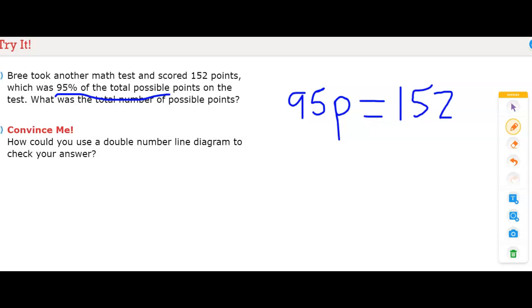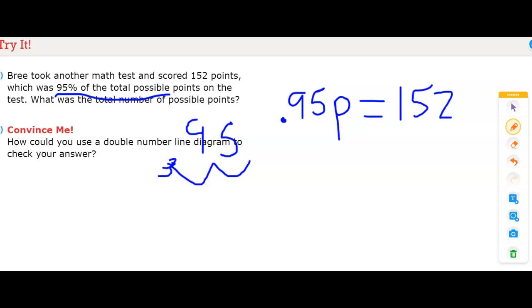But this time we have our percent, and we're trying to find the total possible points that we need to find 95% of. I also want to point out again that for 95%, you move that invisible decimal place on the end over twice, and now you have a decimal: 95 hundredths.